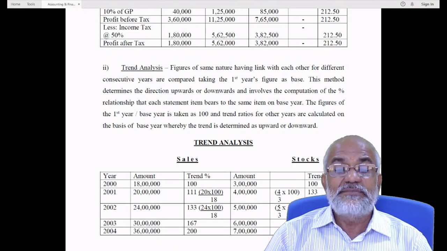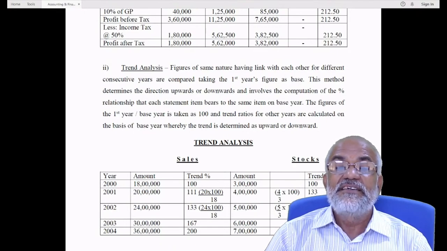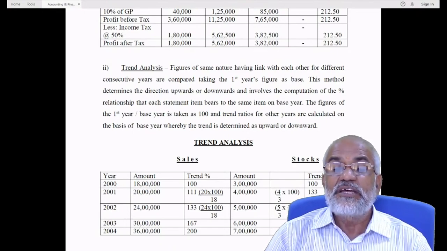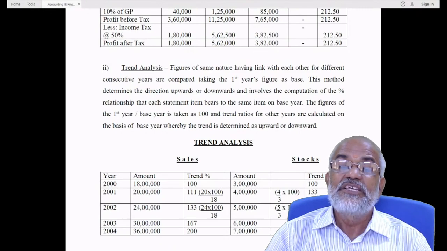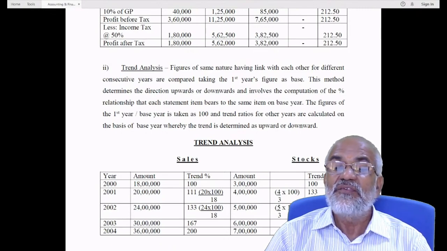In the fourth year, that means in the year 2003, the value of the stocks was 6 lakh rupees. So the percentage of increase goes to 200%. That means in the fourth year, the stocks became just double the stocks of the base year.